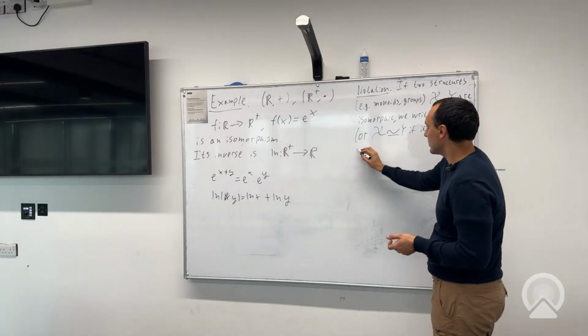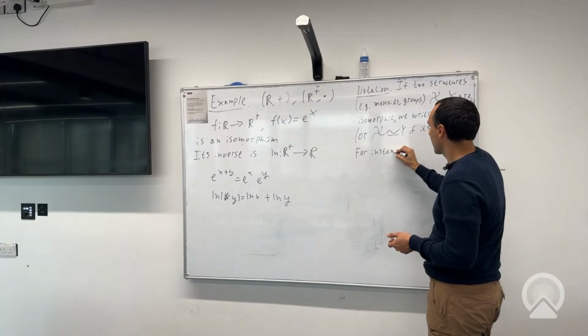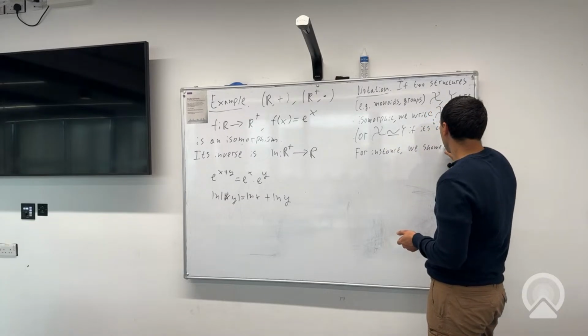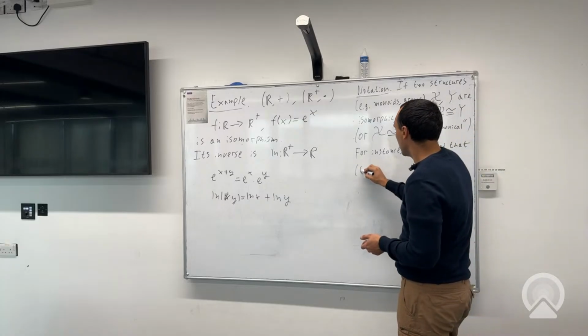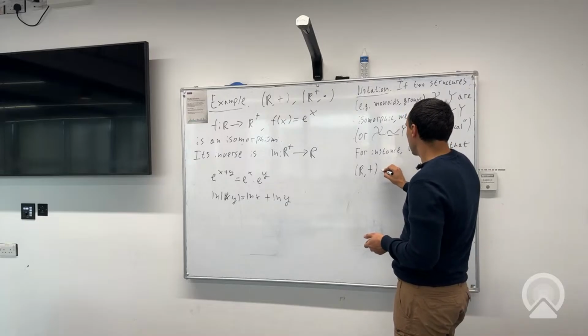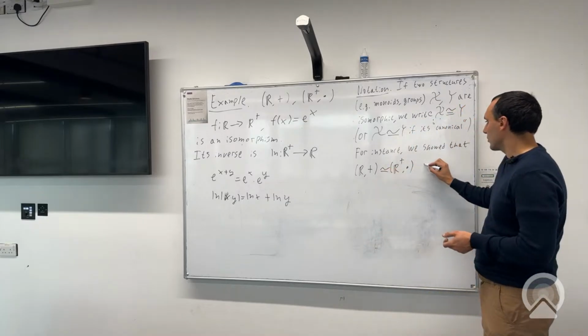And for instance, we showed that R with plus is isomorphic to R positive with multiplication, the isomorphic groups.